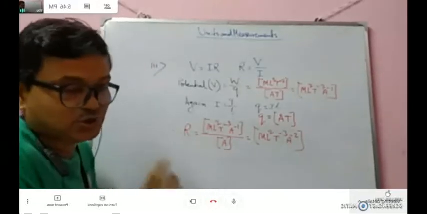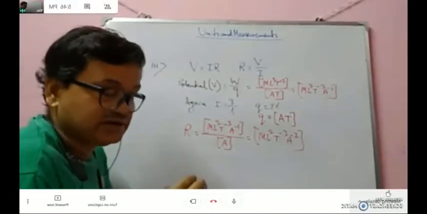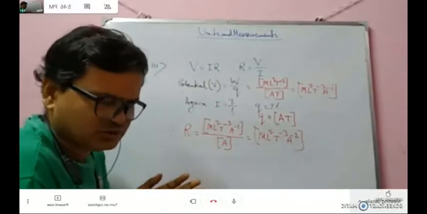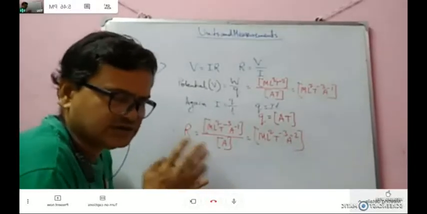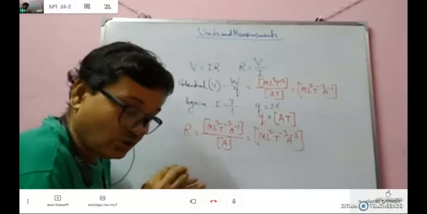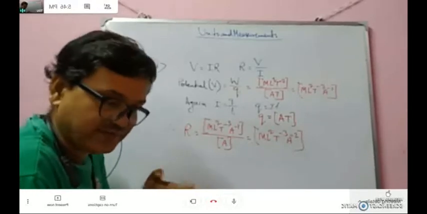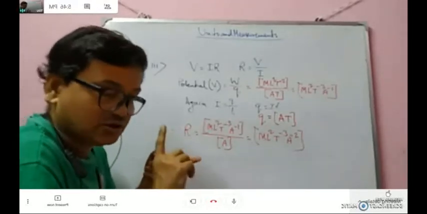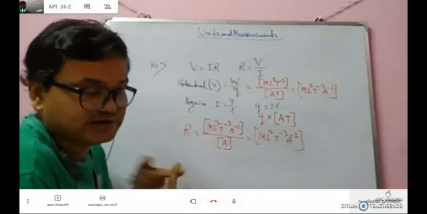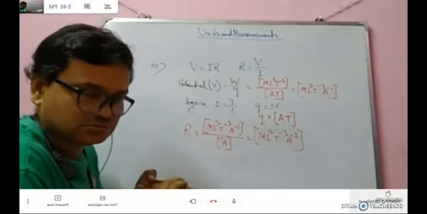But there is one drawback of this method: any constant, maybe 1, 2, 3, 4, maybe pi, that is 22 by 7 or 3.14, any constant value we can't find using this dimensional analysis. The constant value can only be found out using the actual derivation, actual derivation using the law. Okay.